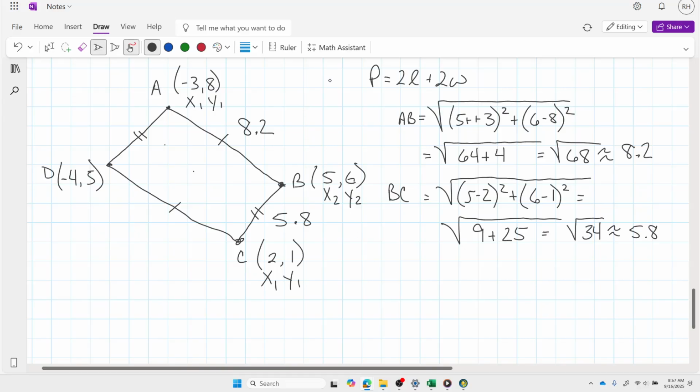So I'm going to go back up to this perimeter formula, which is 2 lengths plus 2 widths. And that's going to be equal to 2 times 8.2 plus 2 times 5.8. And you can type that right into your calculator. So 2 times 8.2 plus 2 times 5.8.